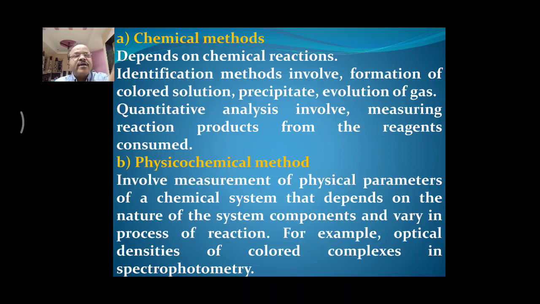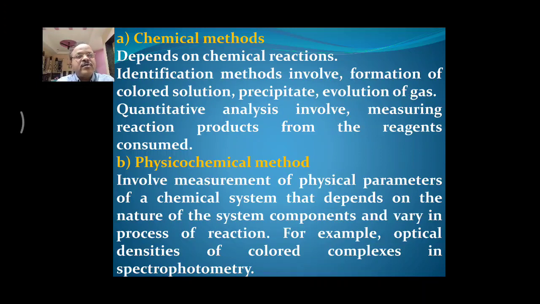The chemical method depends on chemical reactions. Again, there are two parts: qualitative analysis and quantitative analysis. Identification methods involve formation of a colored solution, a precipitate, or evolution of gas, which indicates that the constituent is present in the sample.